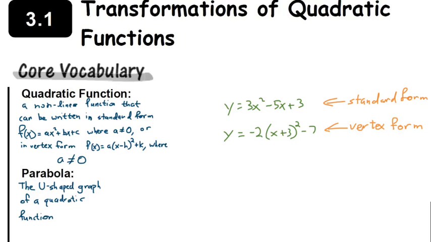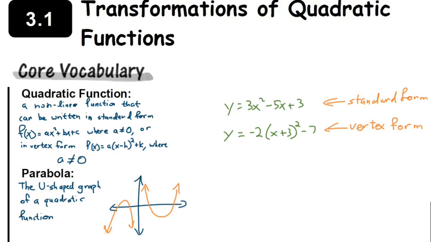And just a quick graph, if you have a graph that looks like this, this is that U-shaped form, and it can point up or it could point down. There are a lot of different ways it can happen, but those are both parabolas.